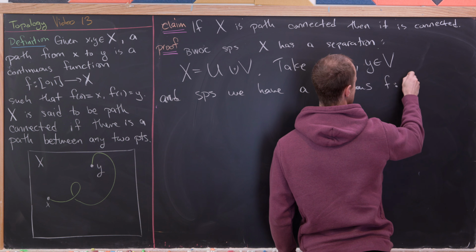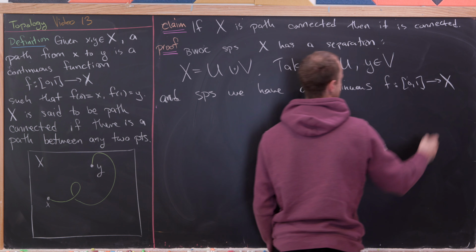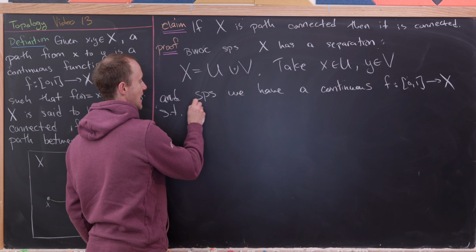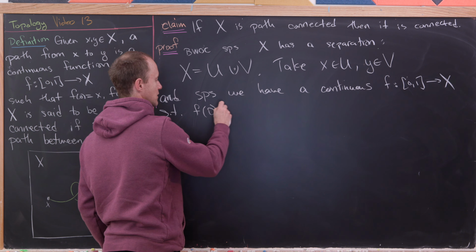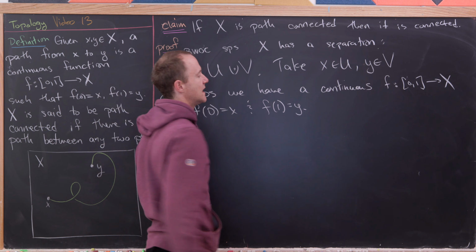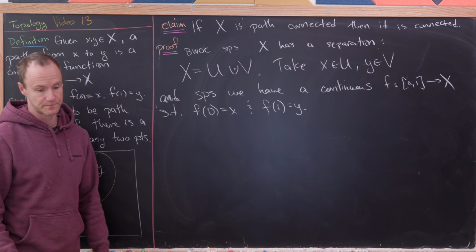So it's going to be a continuous map from [0,1] to X, our topological space, such that we know that f of 0 is equal to x and f of 1 is equal to y.